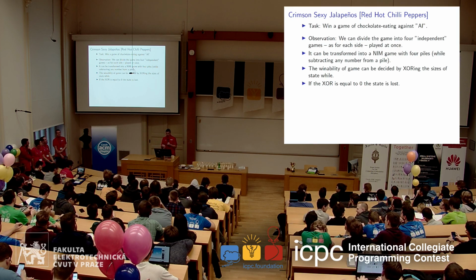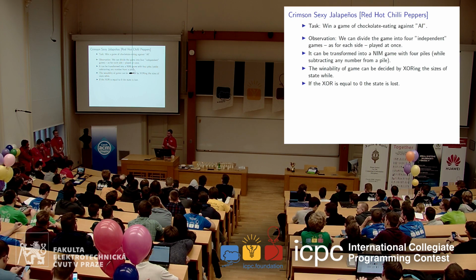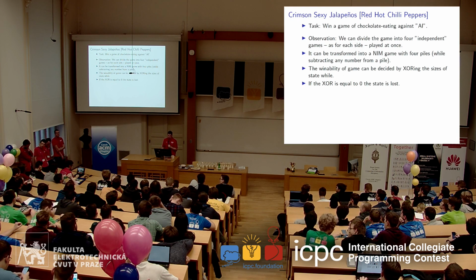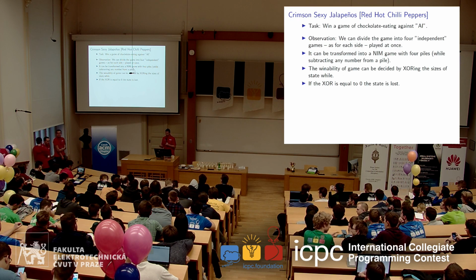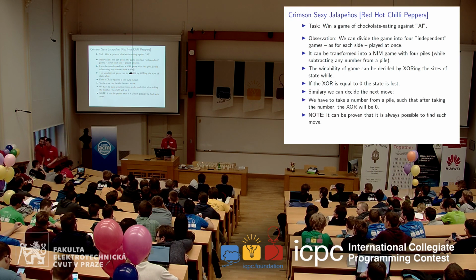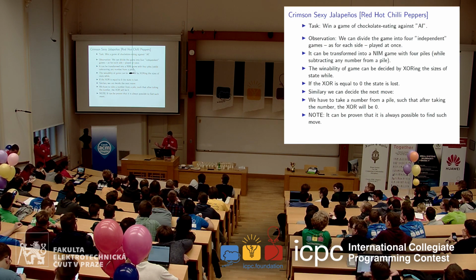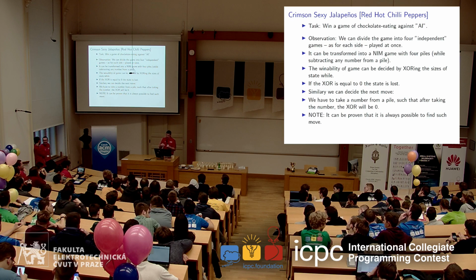Okay, the second part of it was to actually interact with the AI, so we had not only to decide whether the state is winnable, but we also had to decide how to move. But it was actually easy too, because we just had to find out how many rows or columns we have to eat to make the XOR equal to 0.